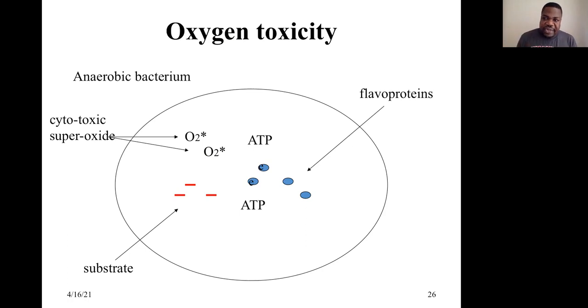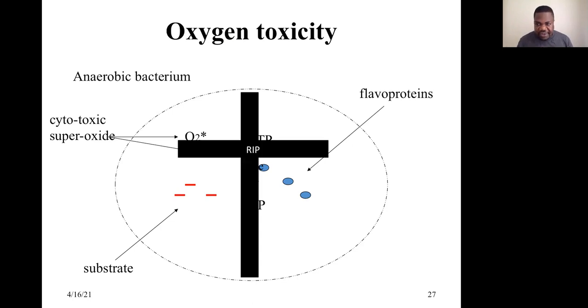Now, anaerobic bacteria don't have superoxide dismutase enzyme. And as a result, they cannot get rid of the superoxide. So superoxide will then turn against anaerobic bacteria because anaerobic bacteria does not have a superoxide dismutase enzyme. So as a result, the bacteria will be destroyed.